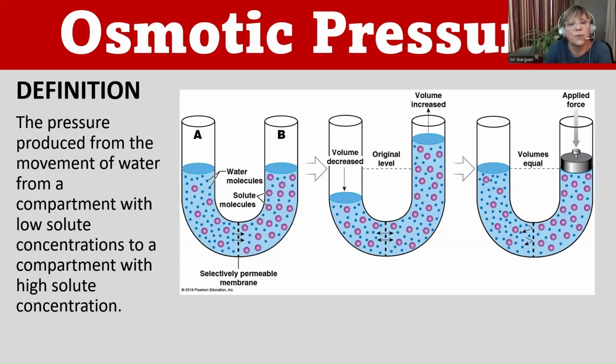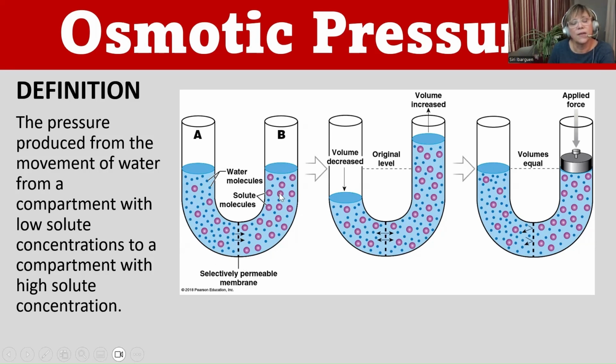Now, this is an image from your book, and it's showing how in this part of the tube, there's a semi-permeable membrane, selectively permeable, which allows water molecules, here illustrated with the small blue dots, to go through the membrane. These larger solutes here are not able to go through this membrane. If you look carefully, you can see that there's a lot of water molecules here.